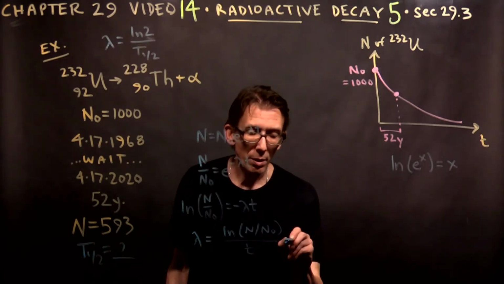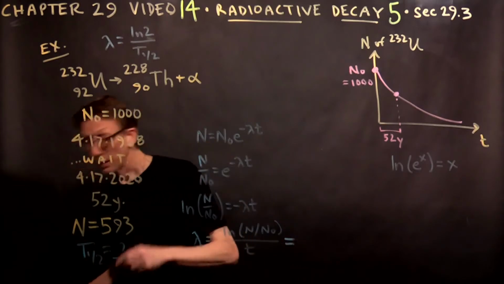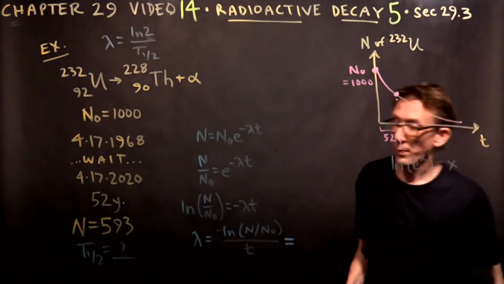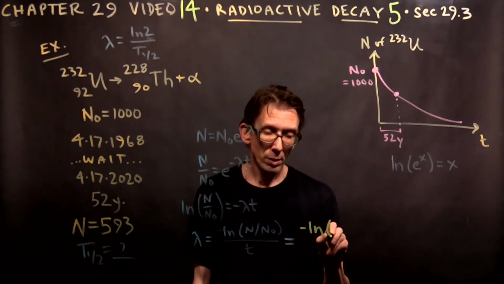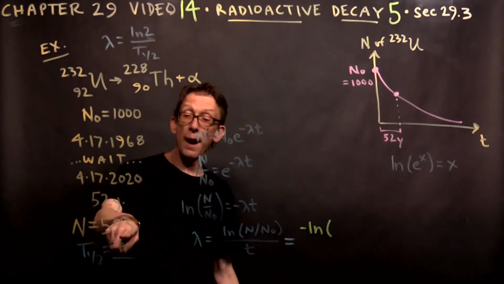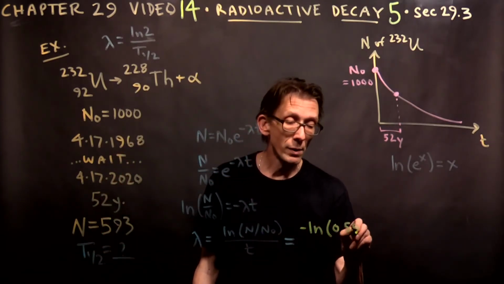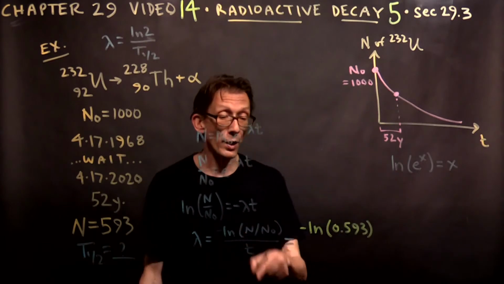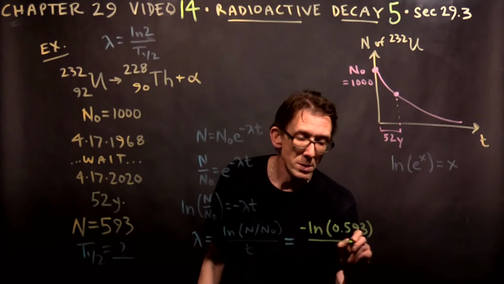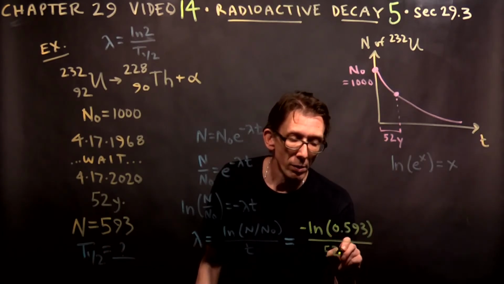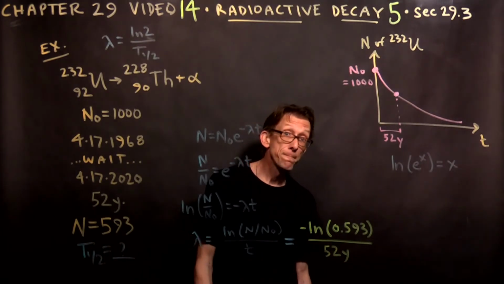So this is going to be minus the natural log of N over N naught, 593 over 1,000, which is 0.593, divided by 52 years. You don't have to convert this into seconds.